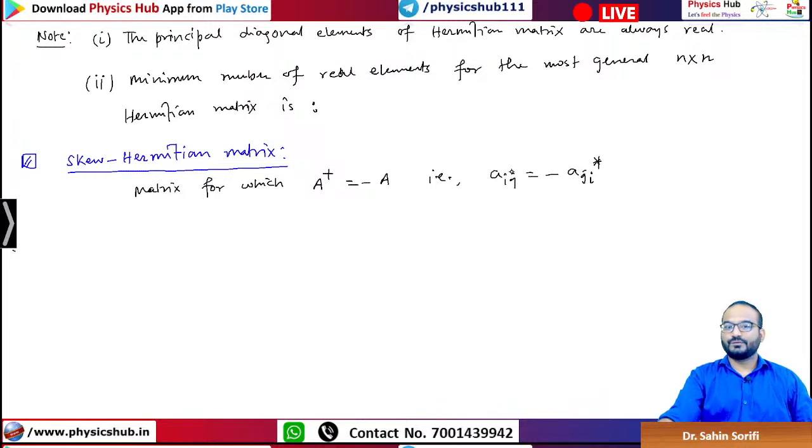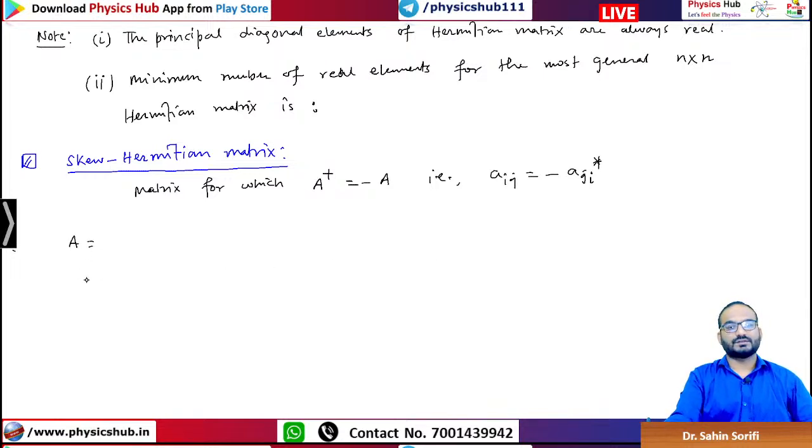Because if it were real, then we could take the element on the right to the left, and as a result we would get it to be 0. But because of this star, we cannot say that it will be 0. It may be 0 or purely imaginary. This is what we can say.